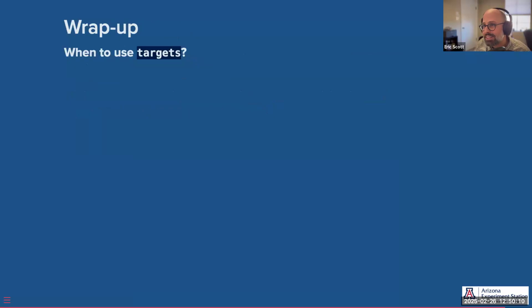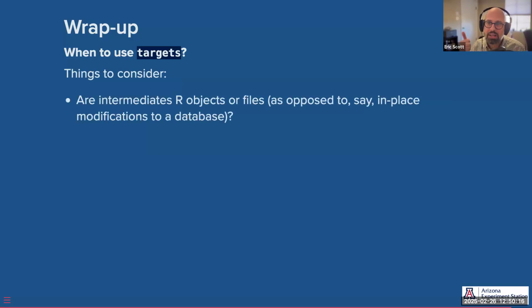So that's a little sampler. I just want to leave you with some thoughts about when to use targets. So some things to consider. One is, as you've seen with our creating of functions, this really works best when you have steps that produce some kind of object. Where targets might not be a great choice is if your steps include modifying a database in place, where you have multiple steps like that, because targets really wants the output to be some kind of object that it can save in the target store.